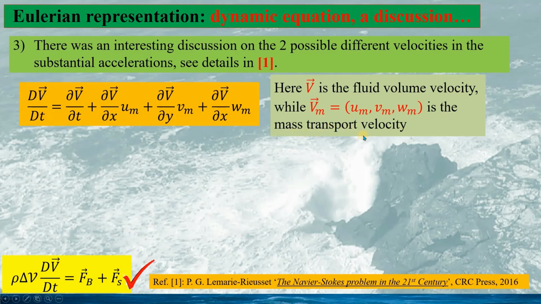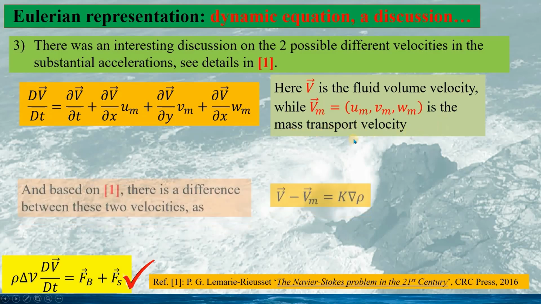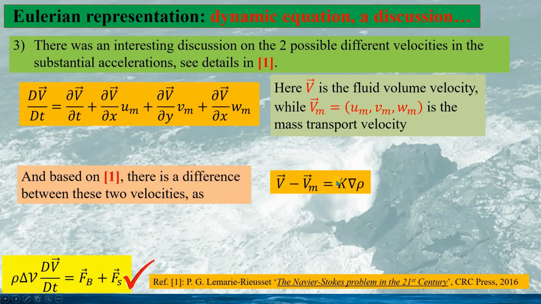This is the mass transport velocity. In the reference, these two velocities are different, and the expression can be given as this. We can see if the density is a constant, then this part would be 0, and the volume velocity and the mass transport velocity would be the same. If the flow is compressible, this part would not be 0. Thus, there will be a difference between the vector v and the vector vm.